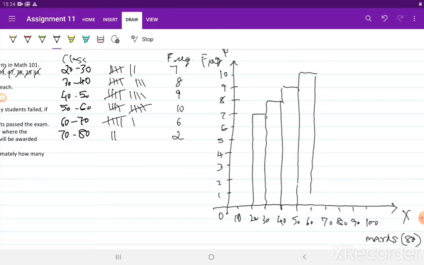Pretty well behaved histogram that we have. 60 to 70 is 6. 70 to 80 is 2. So that's what the histogram will look like.